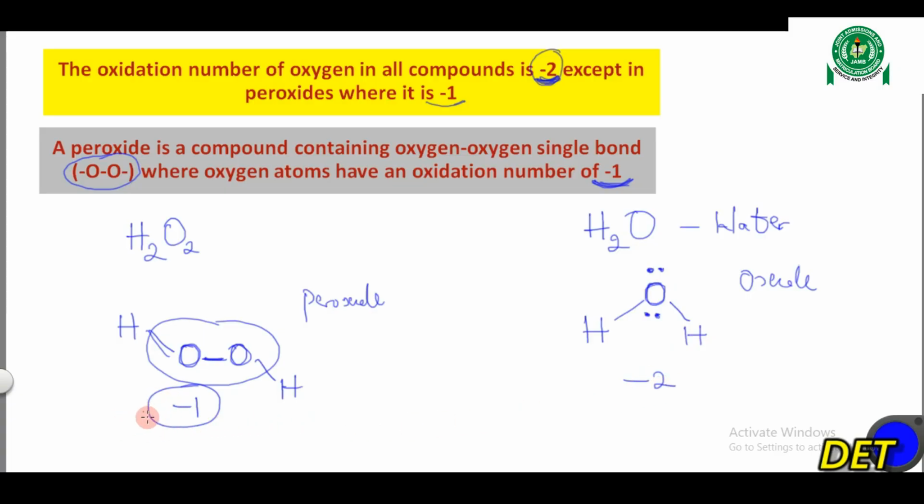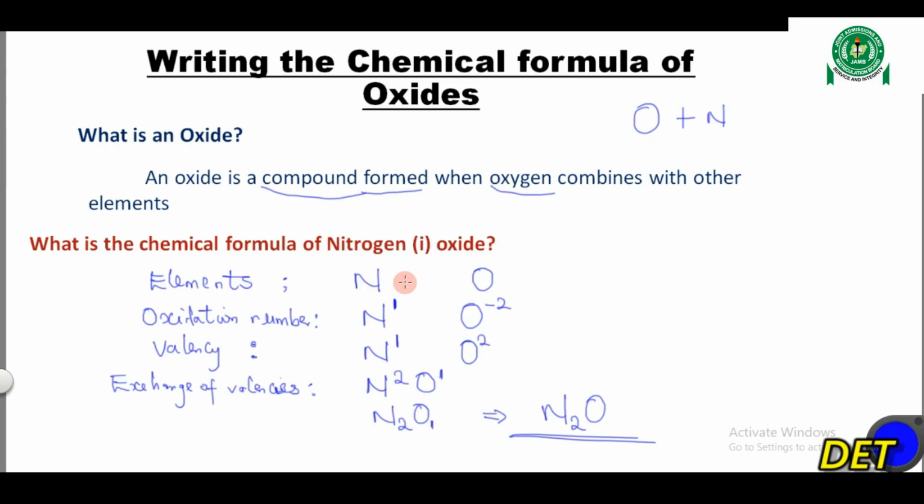The oxidation number of oxygen here in peroxide is -1. So again, like I said, we're going to look at the difference between peroxides and oxides in another video. But here we should be more concerned about how to write the chemical formulas of oxides, and we've looked at basically the oxides of nitrogen.